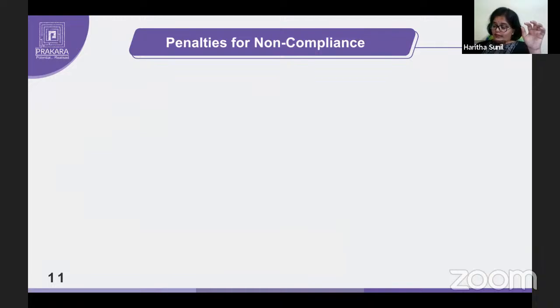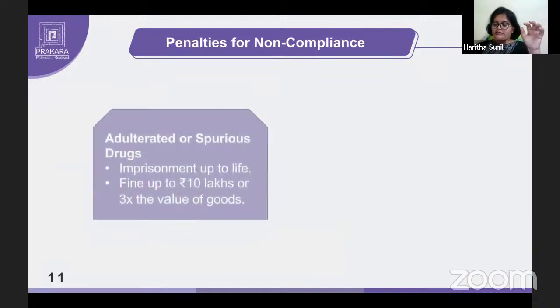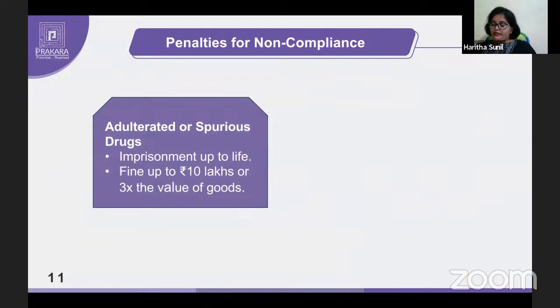So the penalties for non-compliance include, if it is an adulterated or spurious drug, imprisonment up to life and a fine up to 10 lakhs, or 3 times the value of the goods. That means if you have prepared 1 lakh of goods, 3 times, that is 3 lakhs fine you have to give.